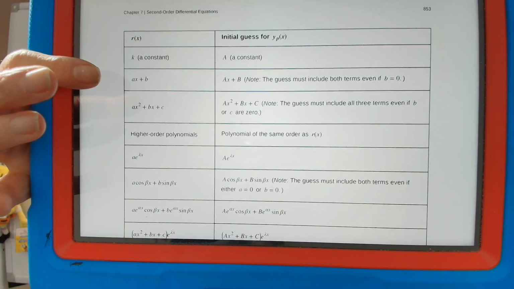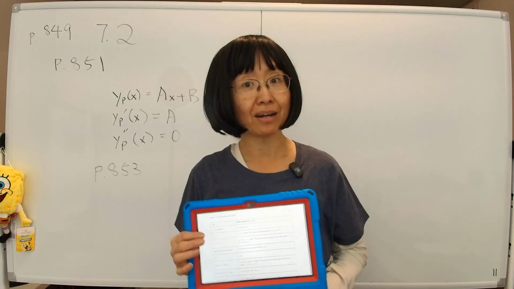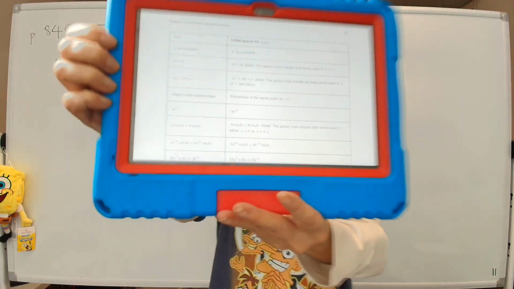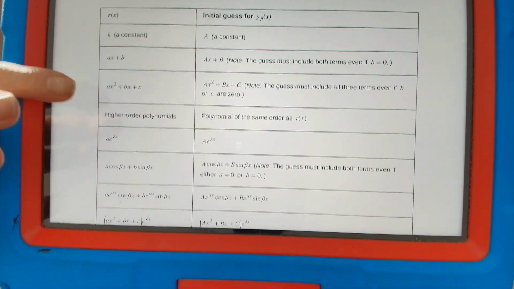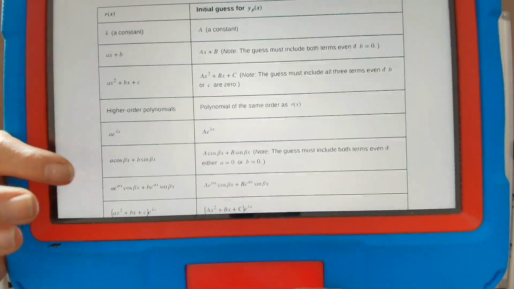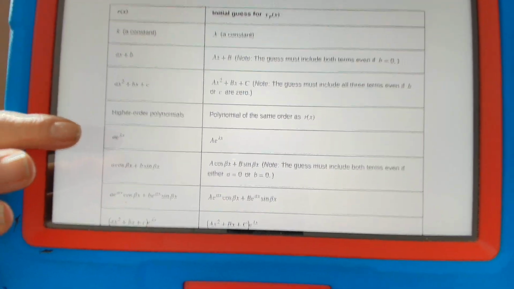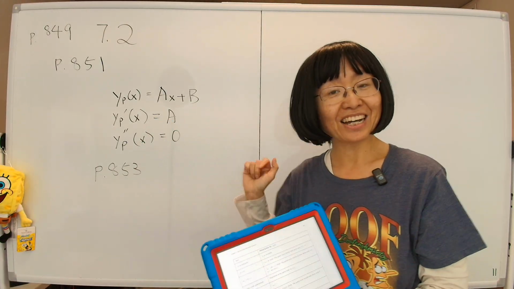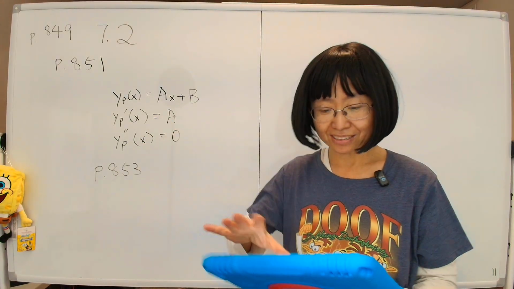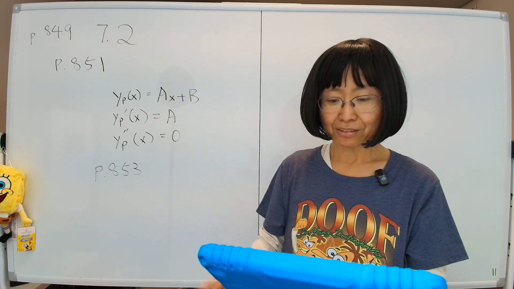And then our job is just to calculate what a and b are. And similarly, you can look at various other guesses. Okay, that's how you're going to be doing your homework. You will see what r of x becomes, and then follow this chart to make a proper guess. And once you've done that, then you will solve for a and b in simultaneous equations, and then you are good to go.